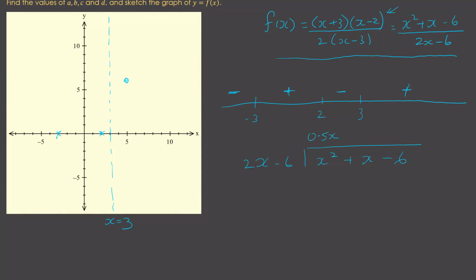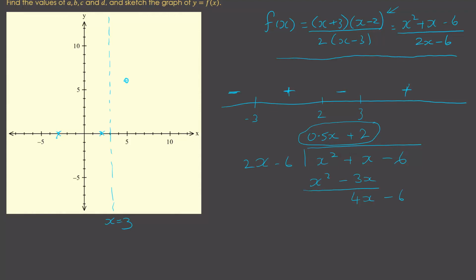Multiply 0.5x by both 2x and negative 6, and we're going to get x squared minus 3x. When we subtract, we get 4x. Bring down the 6. 2x to get 4x means we multiply by 2. And this will be our oblique asymptote.